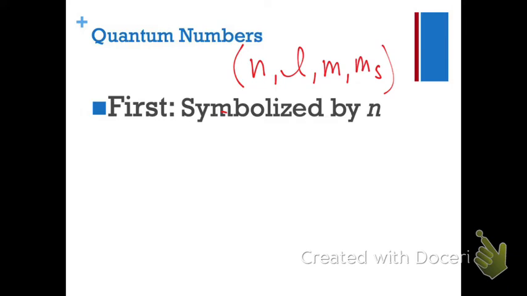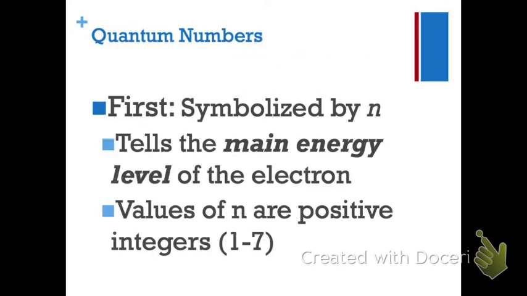And so the first part of our quantum number is given with an N, okay? And that N, all that it represents is the principal energy level or the main energy level of the electron. So if my electron was found, for example, in the 1s orbital, my principal energy level would just be 1, right? Because it's found in the 1s orbital.